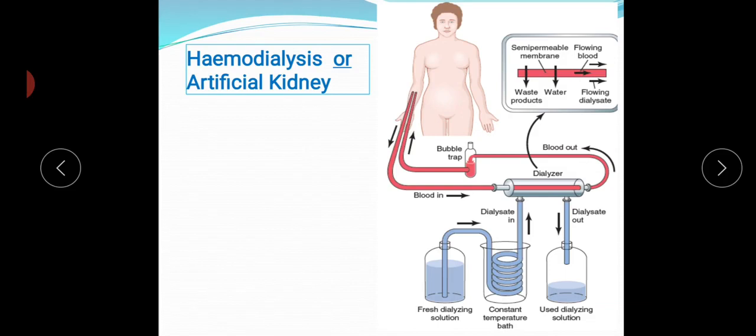The composition is not the same as that of the blood, but it is maintained depending on the need, depending on the removal of metabolic waste product. When the blood passes through this membrane, it removes all the metabolic waste products that are not present in the fluid but are present within the blood. So the high concentration of metabolic waste product will be removed from the blood into the dialyzer.